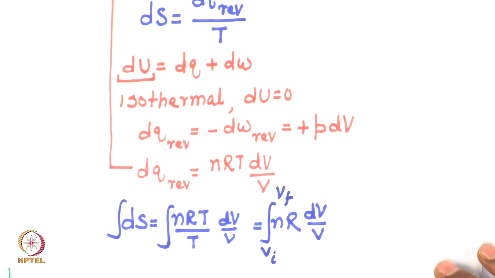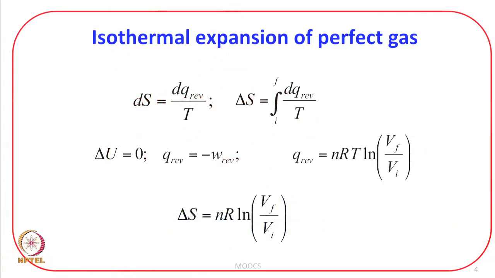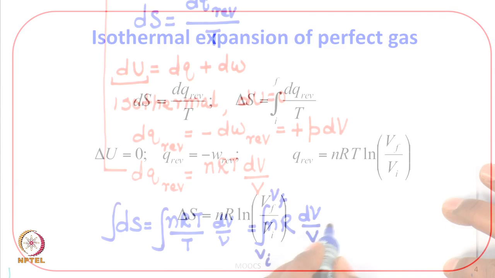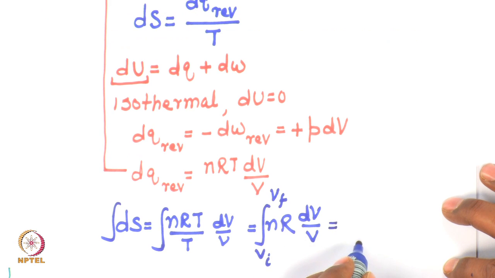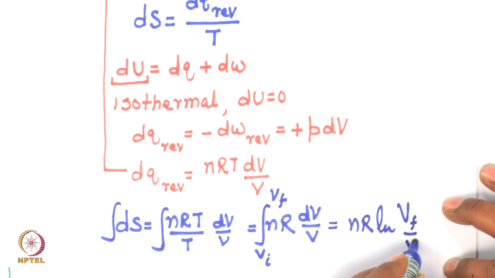So what we get is delta S is equal to nR log V final over V initial.